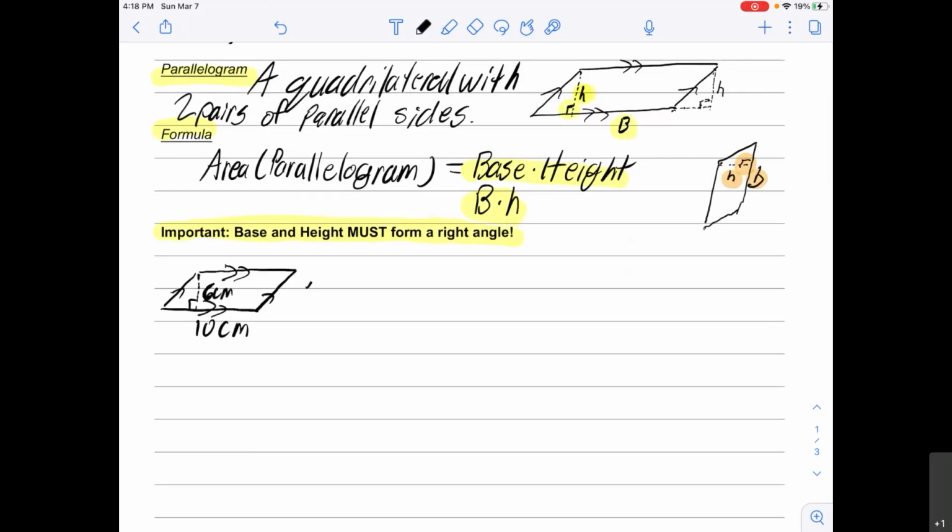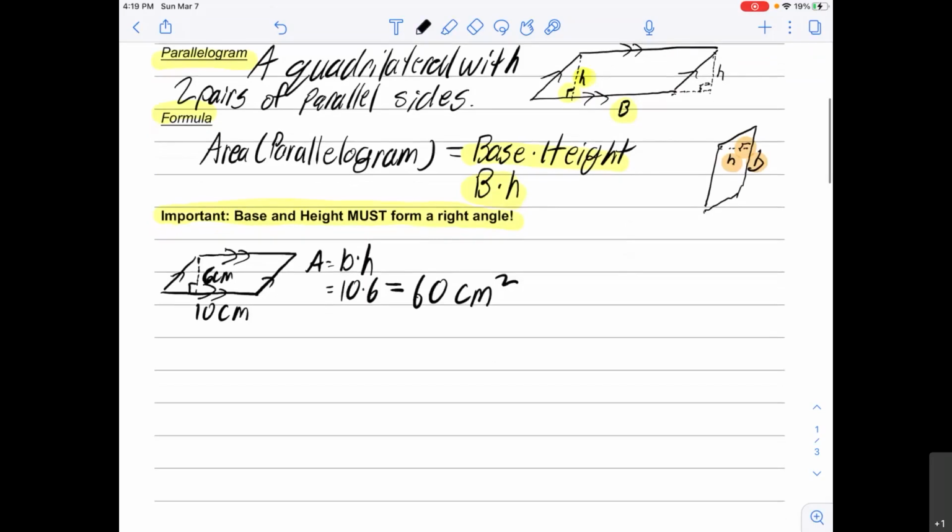And then to find the area is the base times the height. So that would just be 10 times 6, which is 60 centimeters squared. I could also give you one that looked like this.